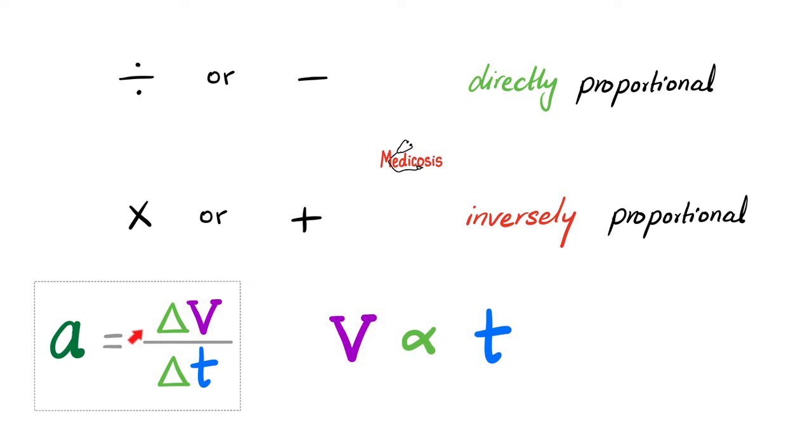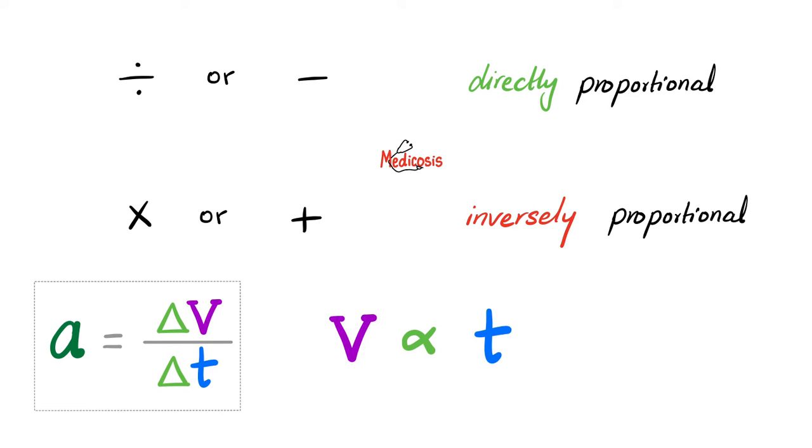Now you know from common sense that acceleration is delta V over delta T. Look at this thing, delta V divided by delta T. These are two entities divisible by one another. Hence V is directly proportional to T, which means if V goes up, T goes up as long as A remains constant. If T goes up, V goes up as long as A remains constant.